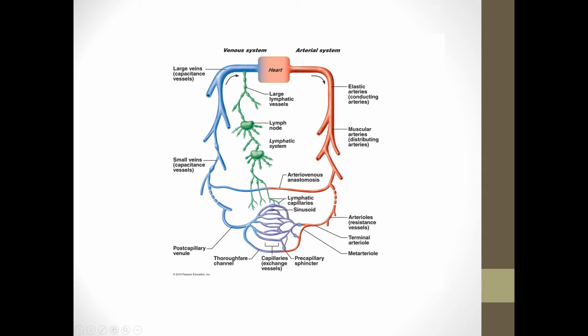So if we shut down all these precapillary sphincters, then the blood has no other place to go but through this thoroughfare channel, bypassing the capillary bed and then back into venous circulation. So an example of when I would want to shunt my blood is sympathetic stimulation, for example, because I'm running away from a Rottweiler.